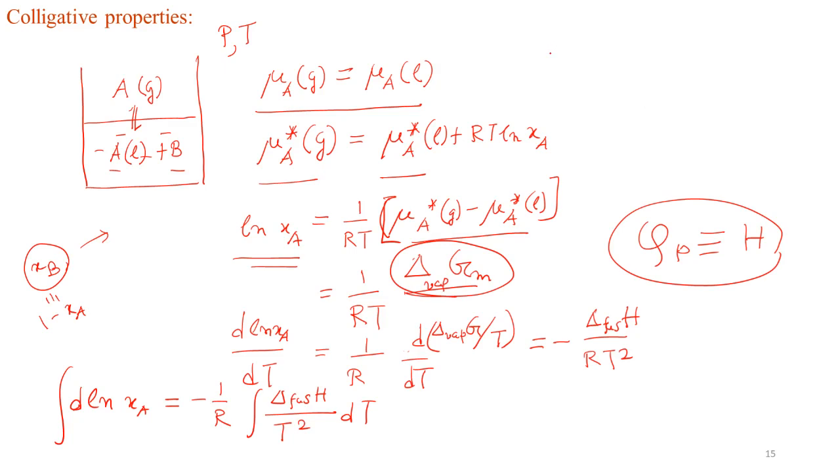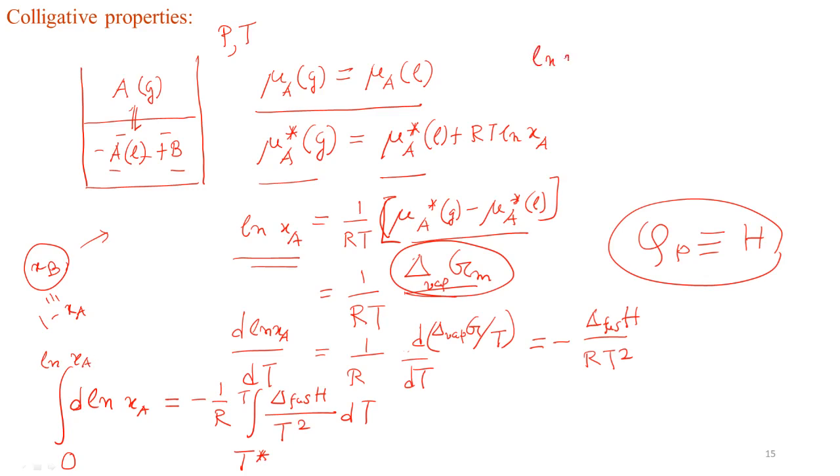If we take the lower limit of the integration, when ln XA is 0, then think about it, XA must be equal to 1, which is the liquid in the pure form. So then the T is nothing but the T star, the pure liquid's boiling point, and the upper limit, let's call it T, and ln XA.